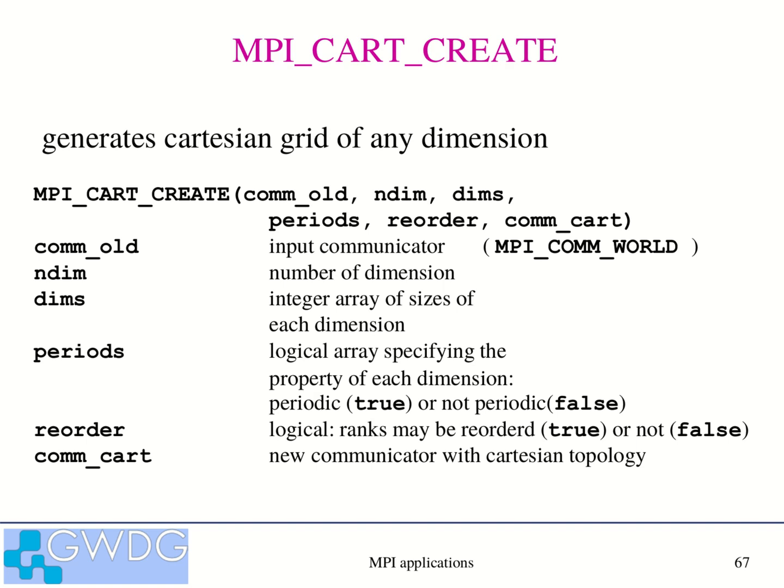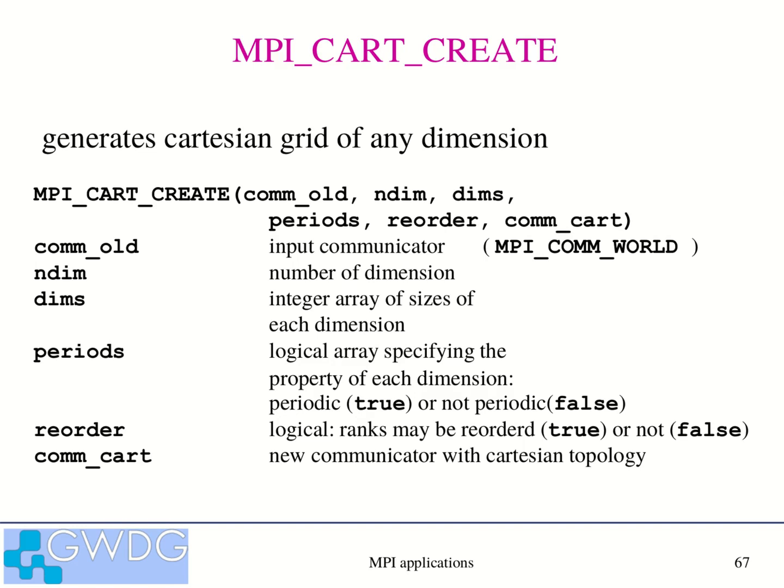If you put in this logical array for each dimension the value true or false. If true, then this dimension will be periodic, so that the neighbor of the leftmost member in this dimension will be the zeroth element in this dimension. Or it's false, and it says the leftmost or the rightmost do not have any neighbor.